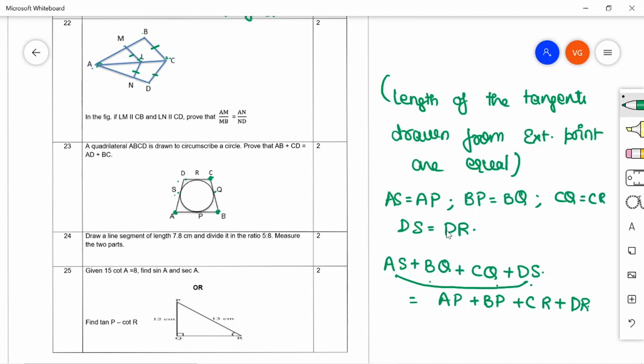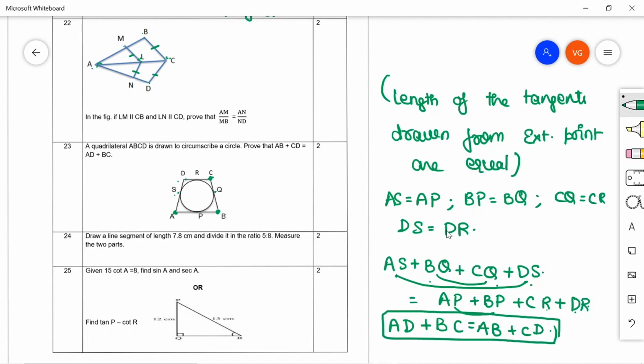AS plus DS is nothing but AD, BQ plus CQ is nothing but BC, and that is equal to AP plus BP, which is AB, plus CR plus DR, which is CD. So this is what they have asked us to prove: AD plus BC is equal to AB plus CD.